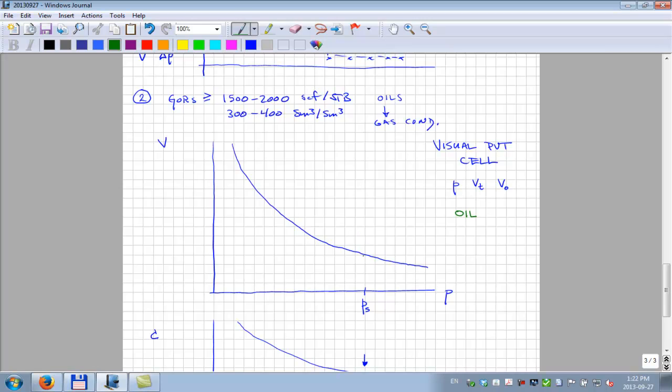When you get right here, you'll get this measurement there. That's the oil volume, together with that measurement there, which is the total volume. So 10% of the cell is gas, 9% of the cell is oil. That's not a bubble. Okay? And then this will drop down probably quickly, and it'll flatten out something like this.